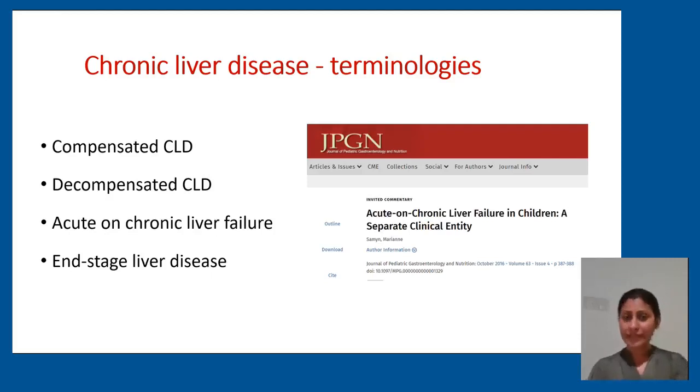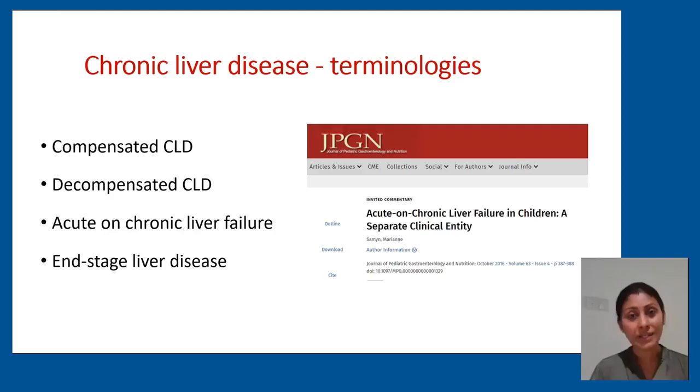Acute on chronic liver failure, or ACLF, is it different to decompensated chronic liver cell disease? Yes. In a JPGN publication, it was indicated that ACLF is a different disease entity compared to decompensated chronic liver disease. In decompensated chronic liver cell disease, you have a child who's known to have chronic liver cell disease and you see episodes of decompensation or gradual decompensation.